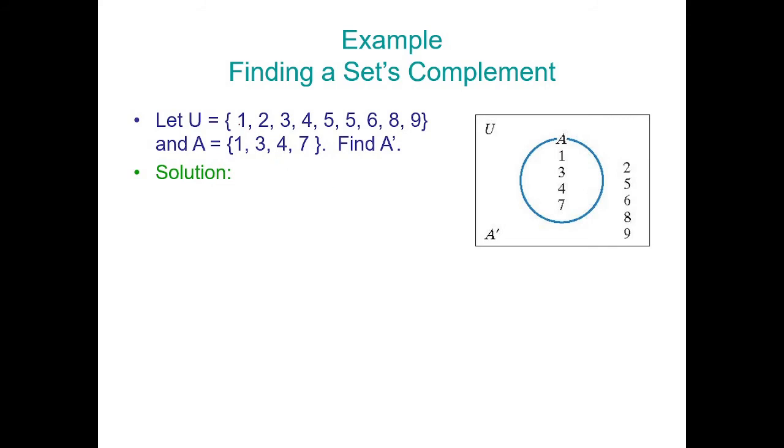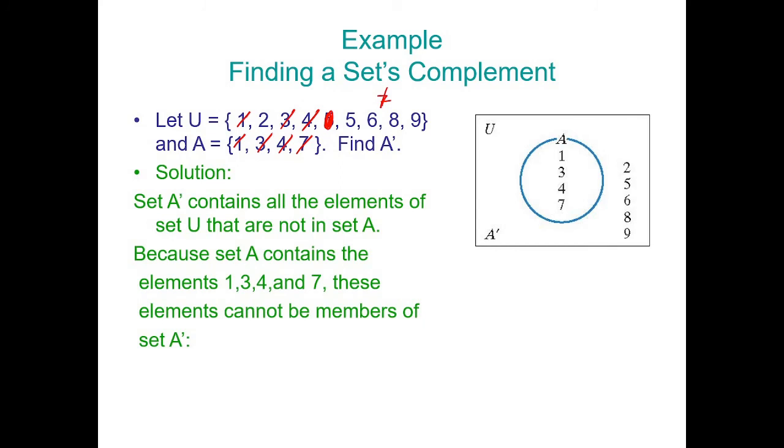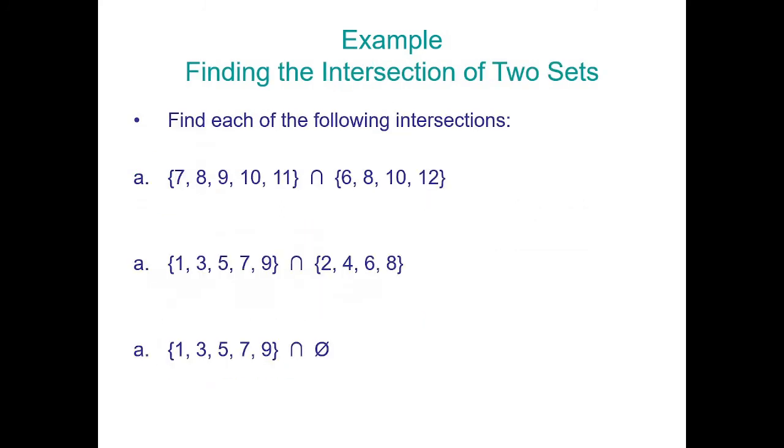We cancel 1, cancel 3, cancel 4, cancel 7. There is no 7 here. It should be 7. What is your answer, class, for A complement? 2, 5, 6, 8, and 9. That's totally right. 2, 5, 6, 8, and 9. Okay? Let's have another one.